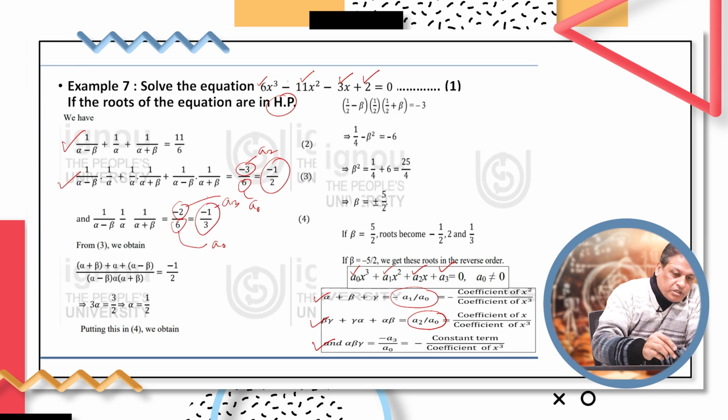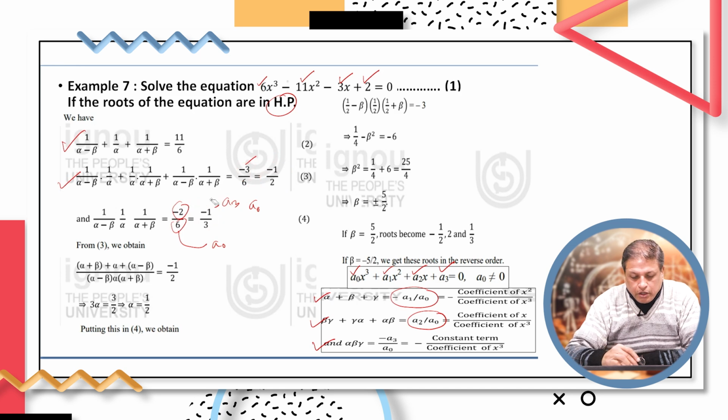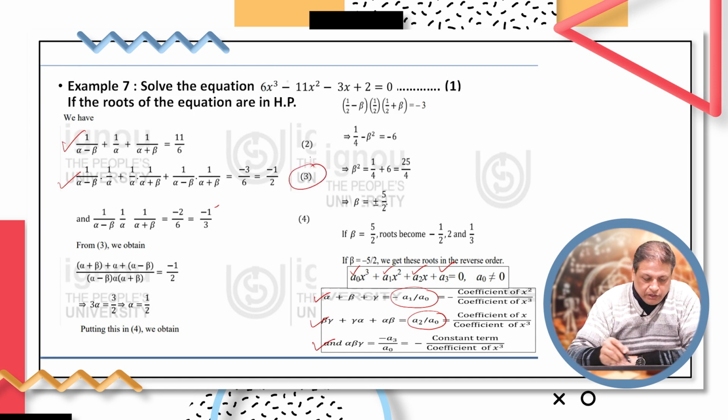Now, from equation number 3, which is about alpha beta plus beta gamma plus gamma alpha, solving this equation, you will find that it turns out to be alpha minus beta into alpha plus beta.